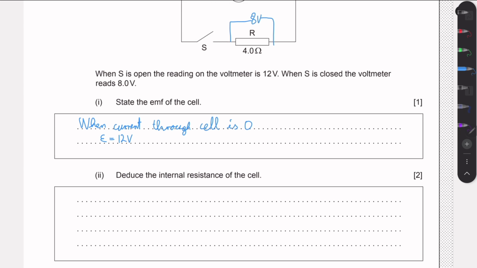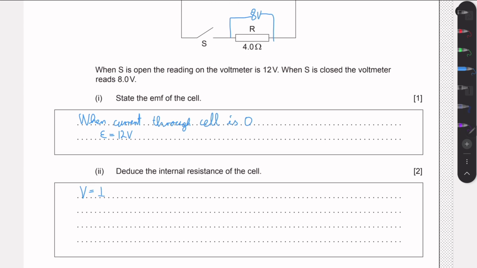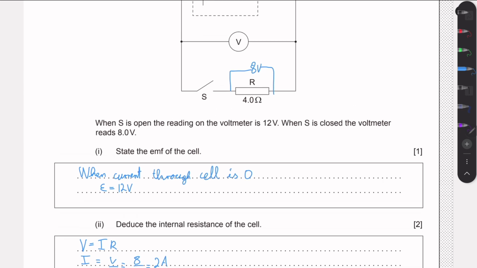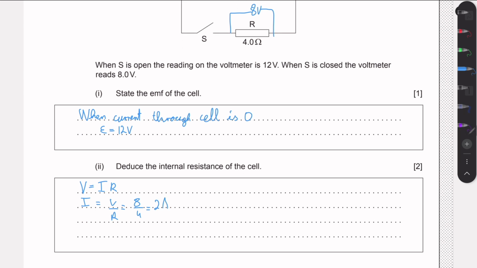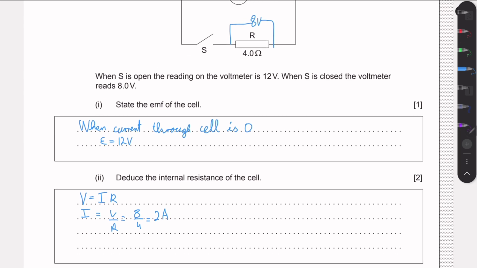Now from this we can use V is equal to IR to calculate the current in R. So the current will just be V over R, which is going to be 8 over 4, so 2 amps. And well, if we know the current flowing in the cell, then we can just use the formula that connects the EMF and the internal resistance.